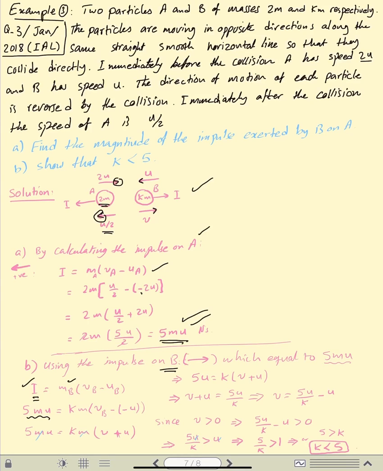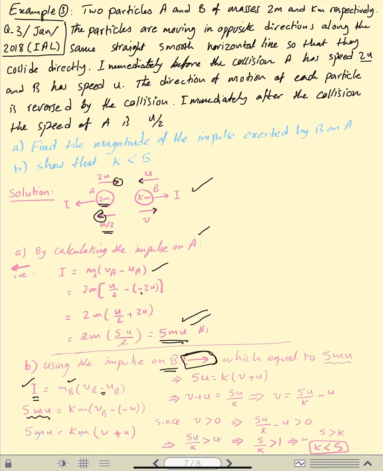So 5mu is equal to km, the mass of particle B, times (v minus negative u). Negative u, because it's opposing the direction that we are following here.